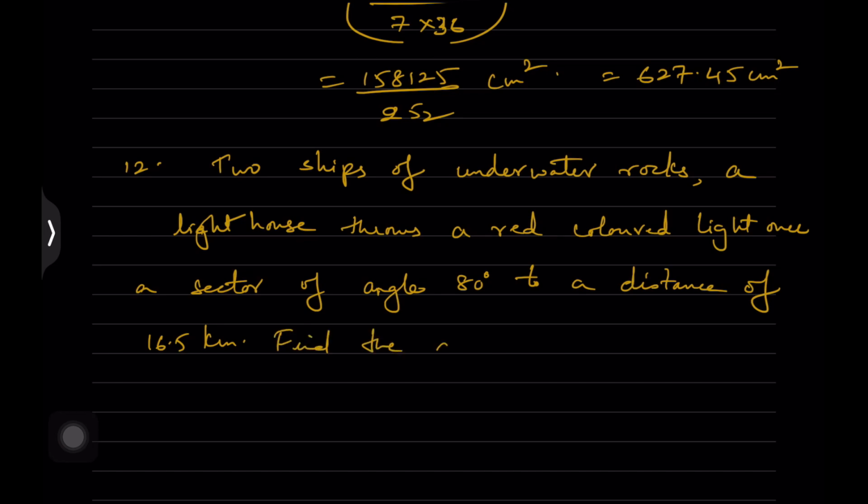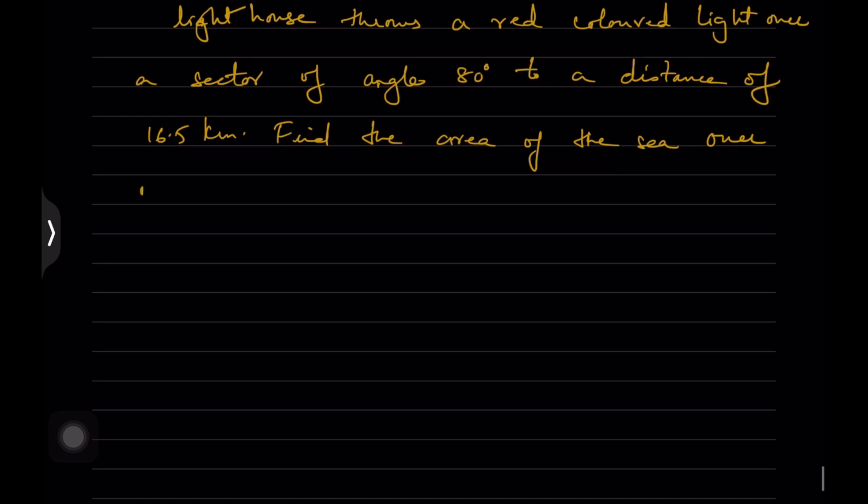Find the area of the sea over which the ships are warned. Use pi is equal to 3.14.